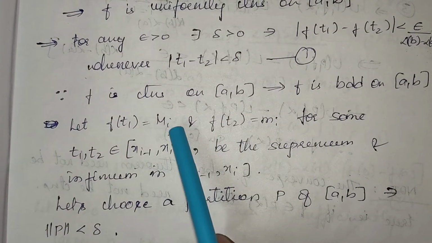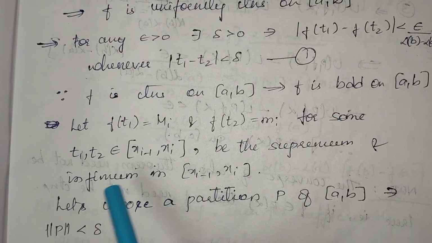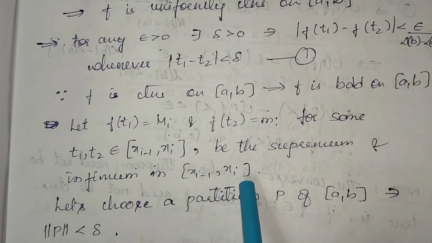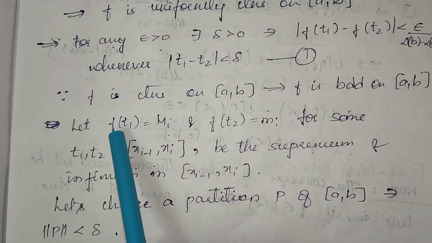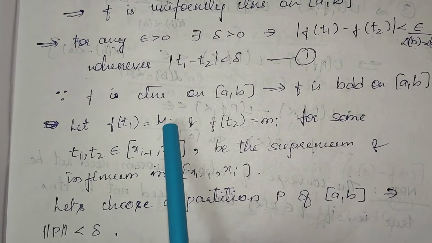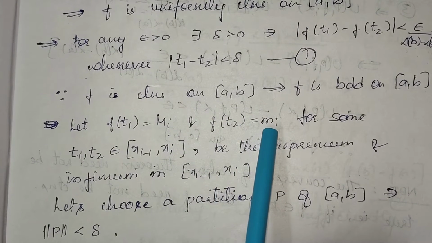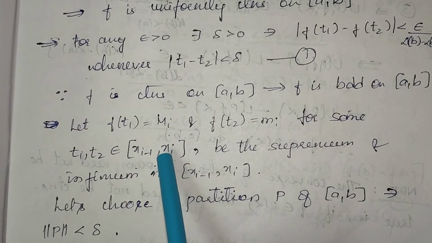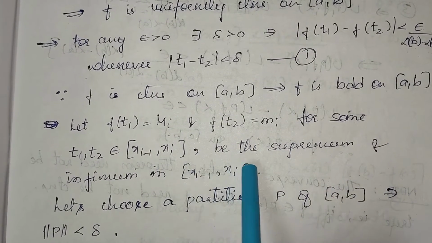So here I have taken capital Mi and small mi to be the supremum and infimum of this particular interval. Let f(t1) equal Mi and f(t2) equal mi, for some t1, t2 belonging to this interval, be the supremum and infimum of this interval.